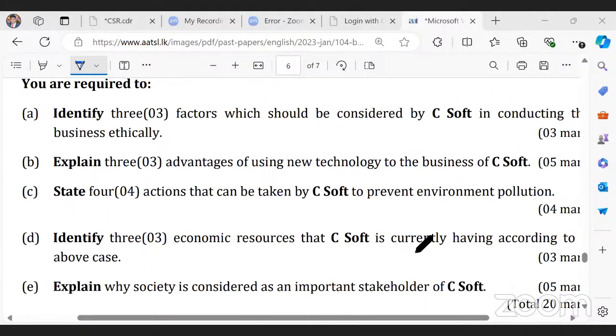Explain 3 advantages of using new technology to business of Seasoft. What are their advantages if they are using new technology? Mainly you can explain minimizing the waste.